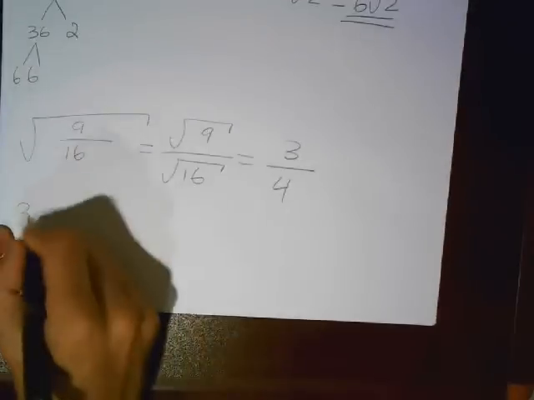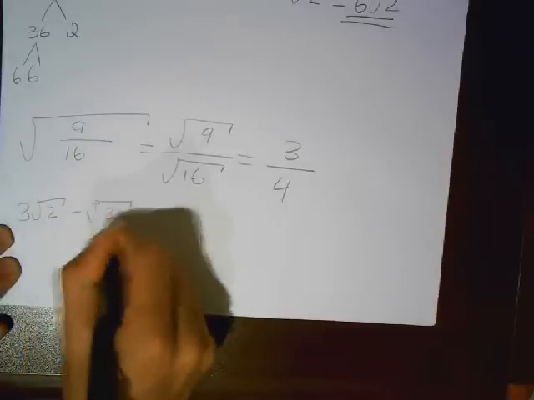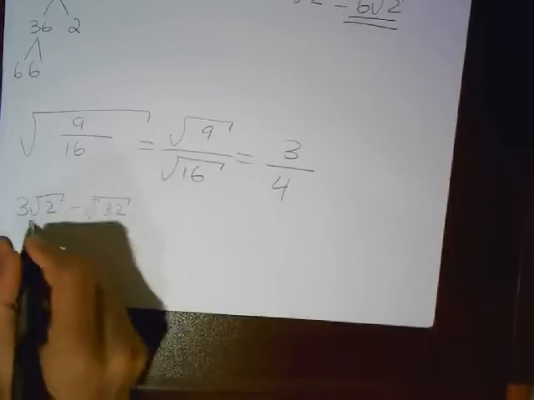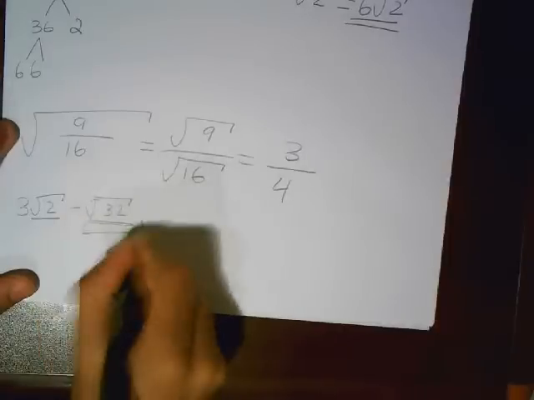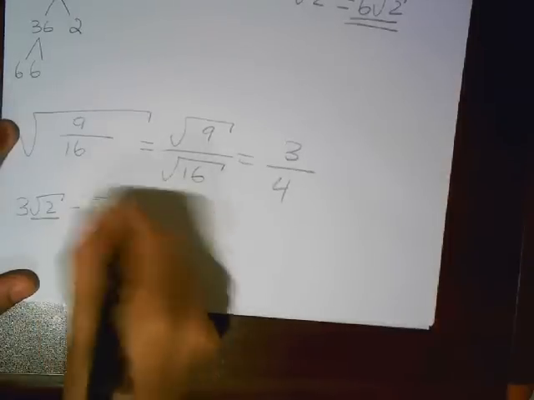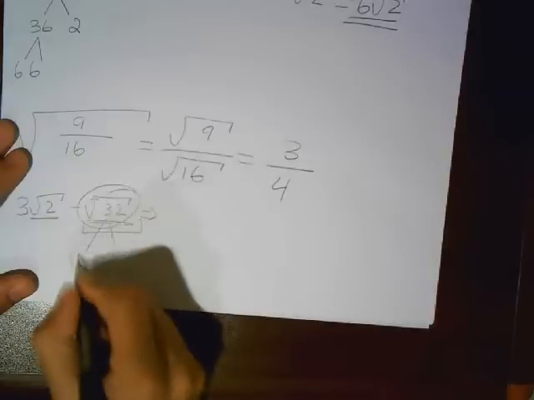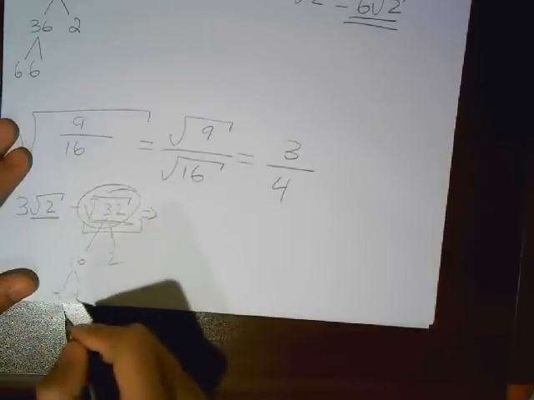Okay, now we have 3 root 2 minus square root of 32. So when you're adding or subtracting radicals, you need to get these to be the same. So let's simplify this first. So this piece right here becomes, well, prime factorization, so 16 and 2, so 4 and 4.